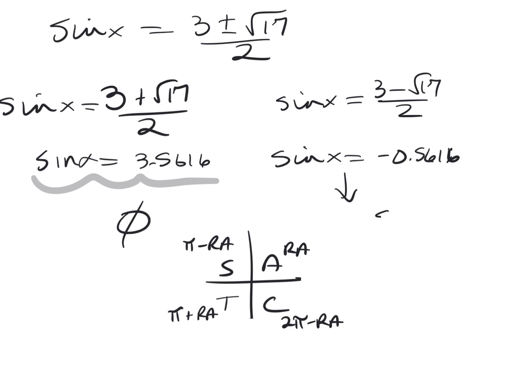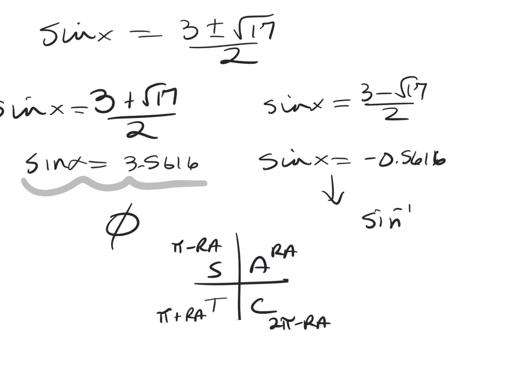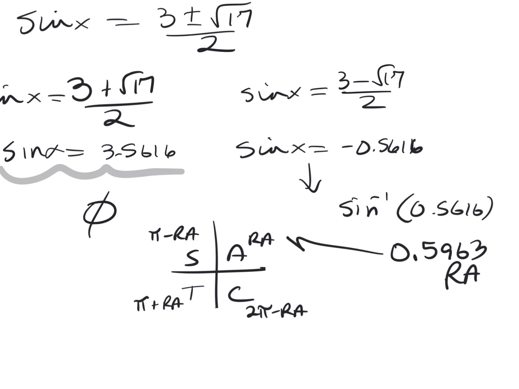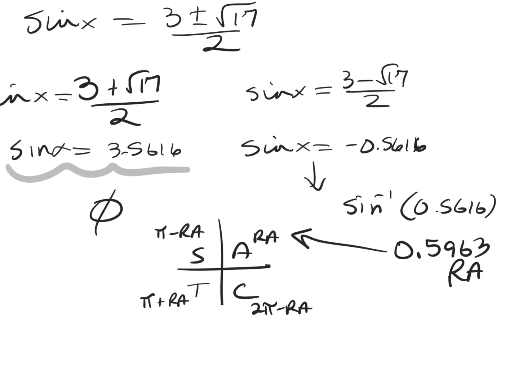Remember, this is where we do the sine inverse. We're going to enter this as a positive 0.5616. That's going to give me a reference angle of 0.5963. So I would put that here, but I'm looking to see where sine is negative. Sine is going to be negative here and here.